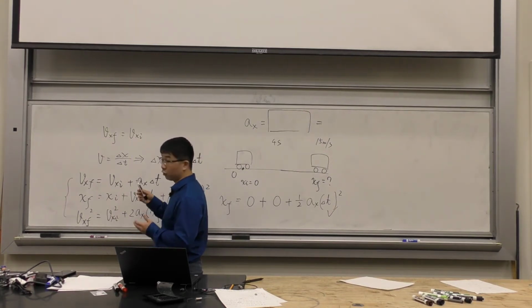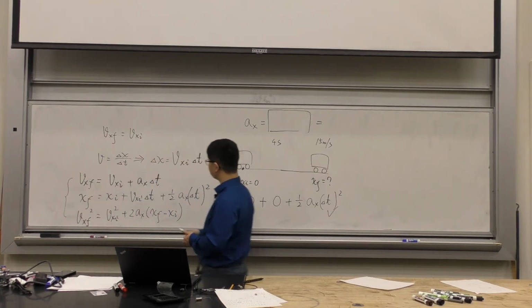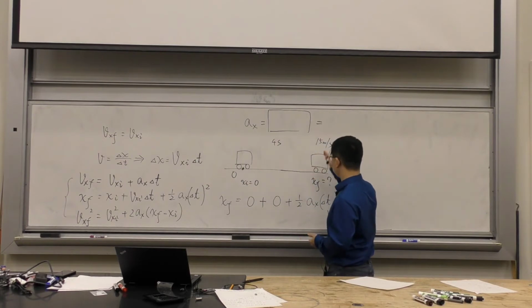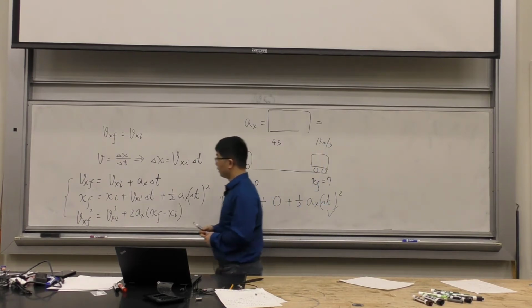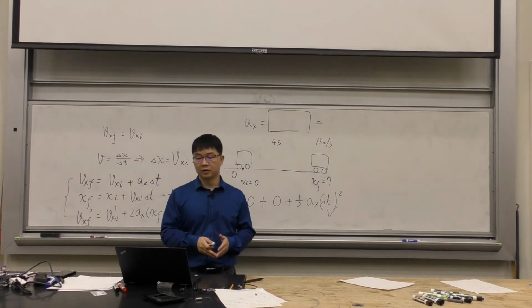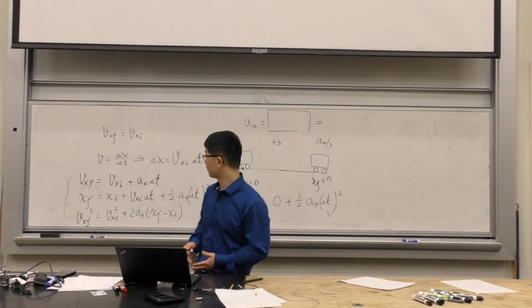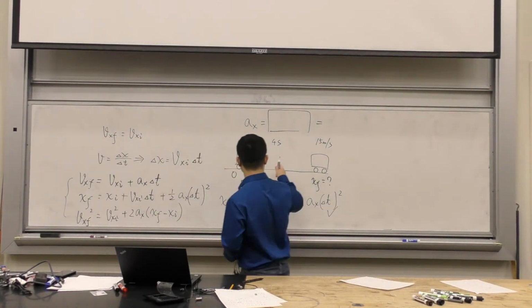Now let's see if I have all the numbers I need. What is the final velocity? Okay, 15 meters per second, right? That's the velocity at this final point, if I call this the final point. Now the initial velocity of 0, we figured, right? Because someone starting the car, it starts definitely from rest. And the time is given, okay?